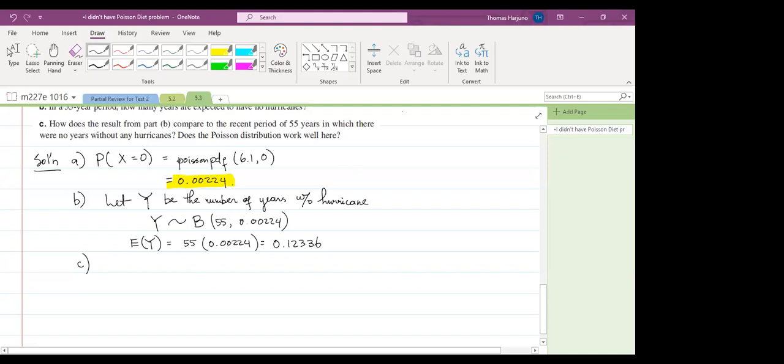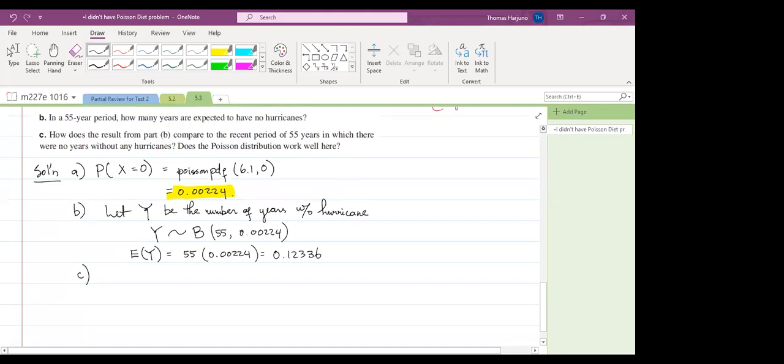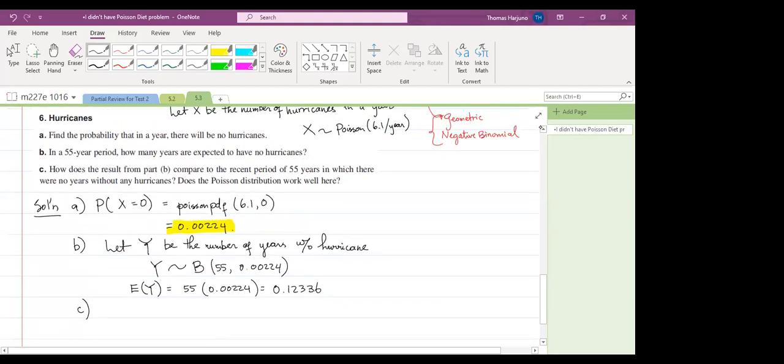How does the result from part B compare to the recent 55 years in which there were no years without any hurricane? They assume this is actual data. In the last 55 years, have we had any year without a hurricane? The result is compatible. If the expectation is less than 1, then the Poisson distribution works.